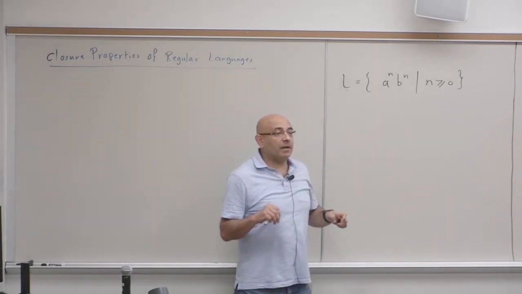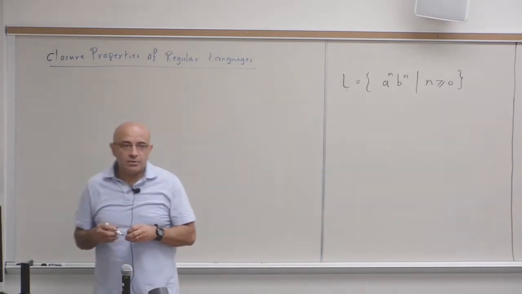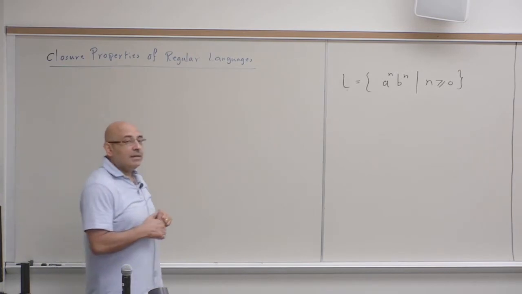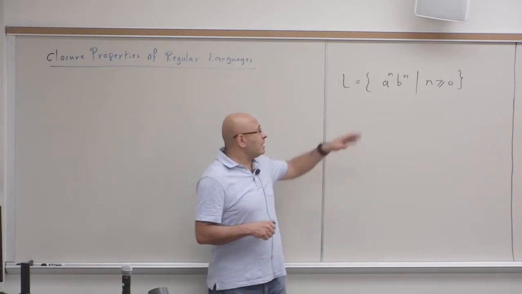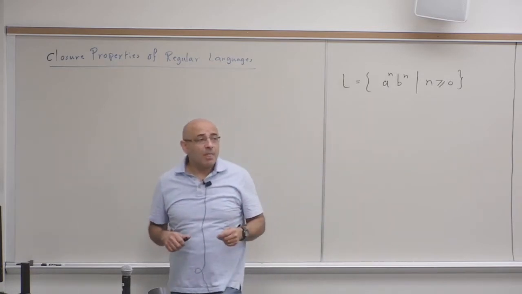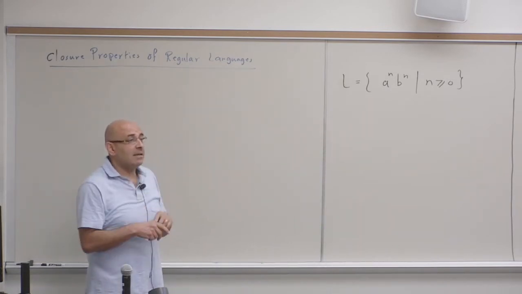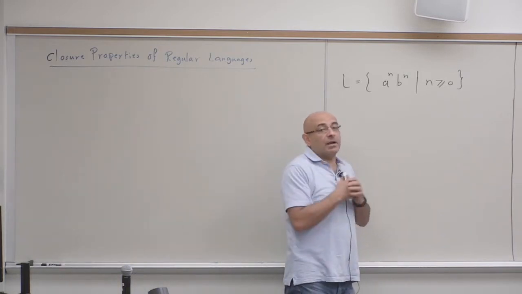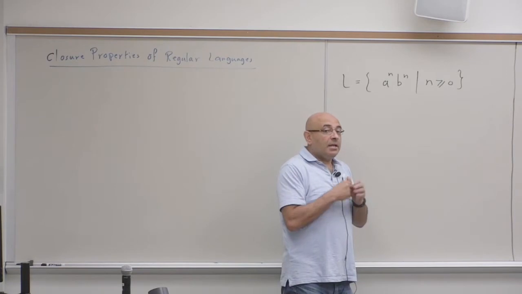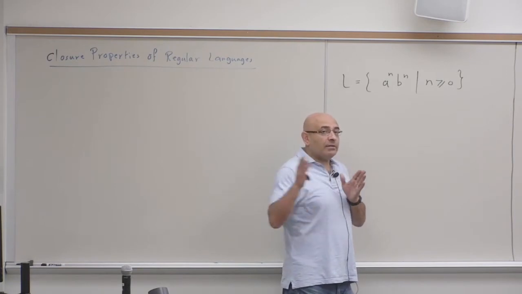Can you do this with a finite automaton? No, you cannot. If you try to think about it, you will not be able to do this with a finite automaton, because you'll need to count how many a's you have seen. Then you want to make sure that the number of b's is equal to the number of a's. In a finite automaton, you can't go back.